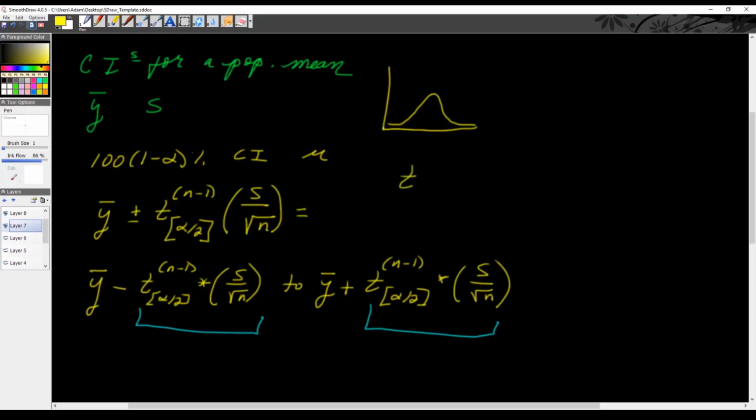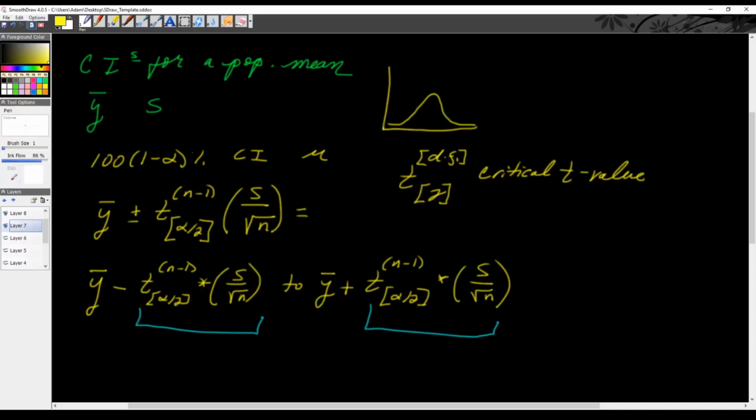And remember, t sub alpha over 2 with degrees of freedom, which is n minus 1, is the critical t value.